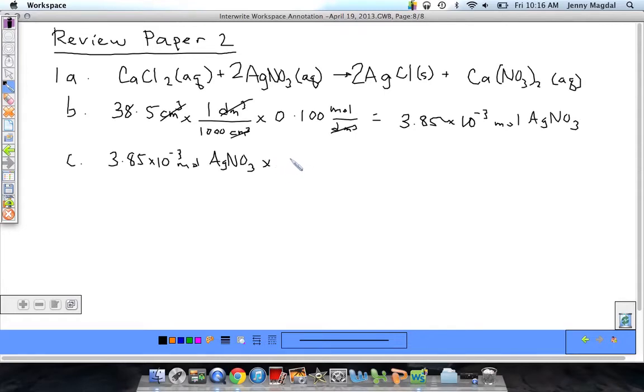I have 1 mole of CaCl2 for every 2 moles of AgNO3. So my moles of AgNO3 cancel out.